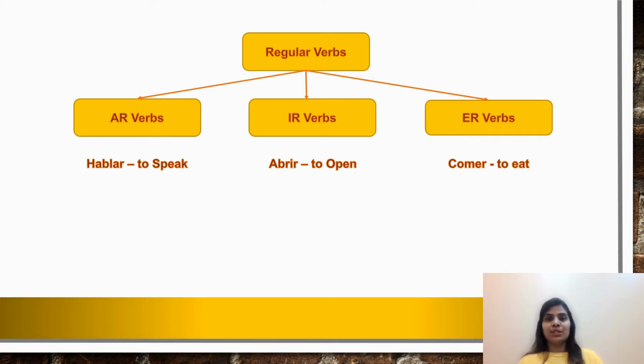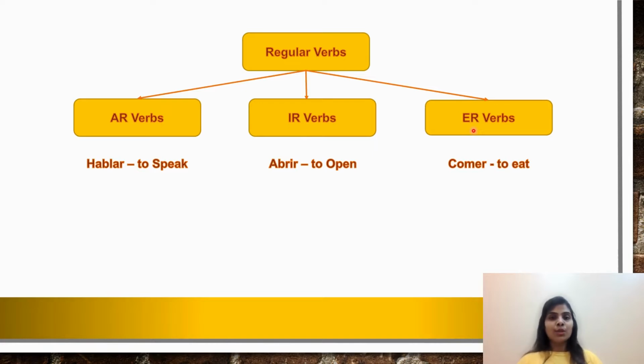All these action words are verbs. But here we have a small twist. We categorize regular verbs in three categories: AR verbs, IR verbs, and ER verbs.